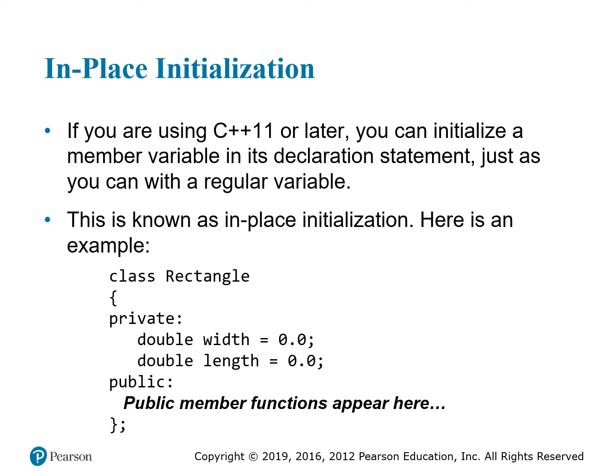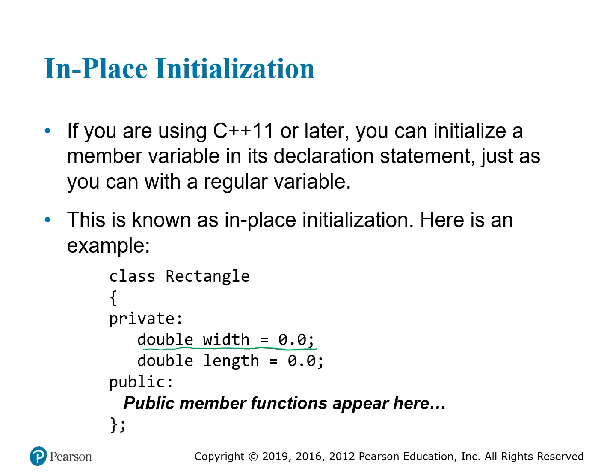In C++11 or later, which is what most of your compilers will be using at this point, it's 2020, hopefully in 9 years they've all updated their code, you can initialize a member variable in its declaration statement. So instead of providing a default constructor that sets everything to 0, you can just set double width equals 0 right here in the class definition.